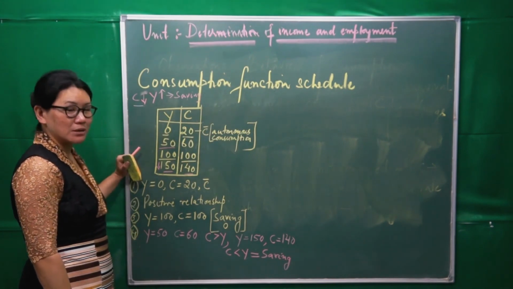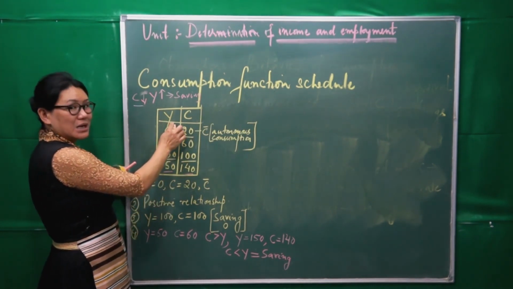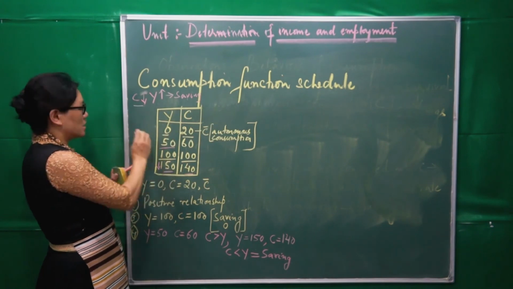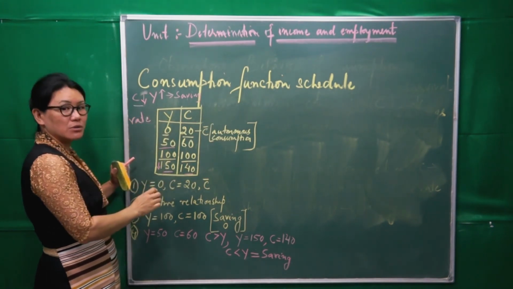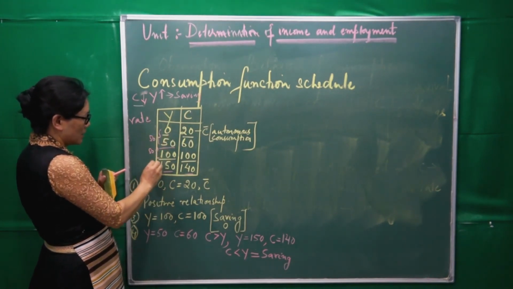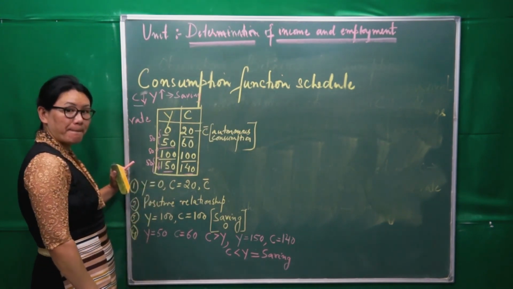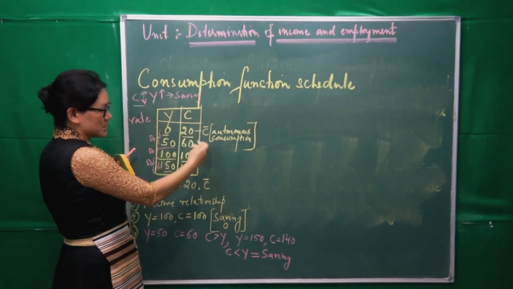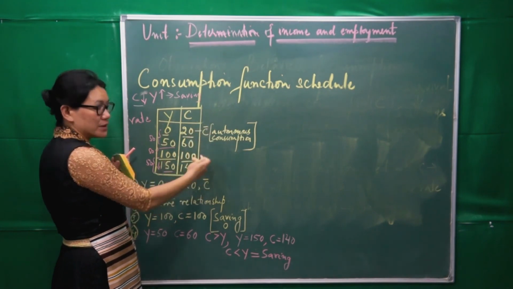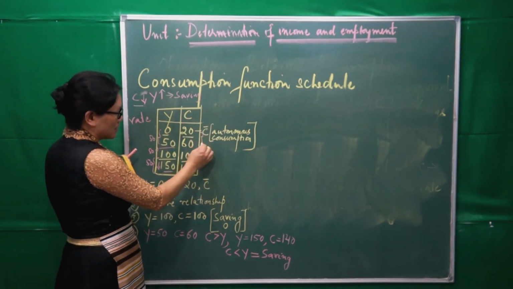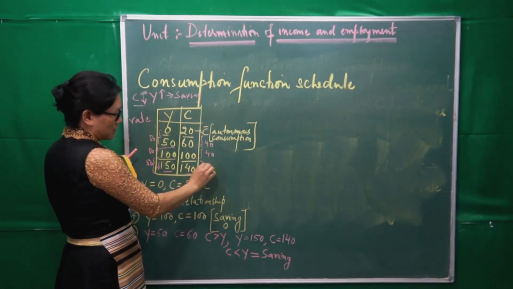When we are talking about the rate, we can show it from here. I will see how much income is increasing here. The rate we will find out. So it is 50, 50, 50 here. And what is the rate of consumption? Consumption is also increasing, and we need to find out how much. It is increasing 40, here also 40, 40.